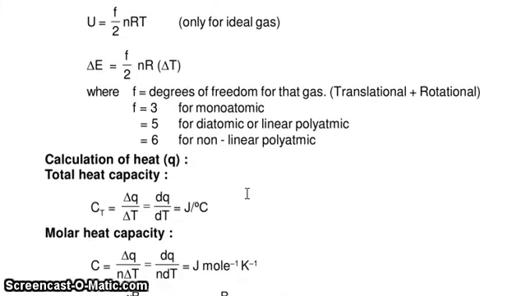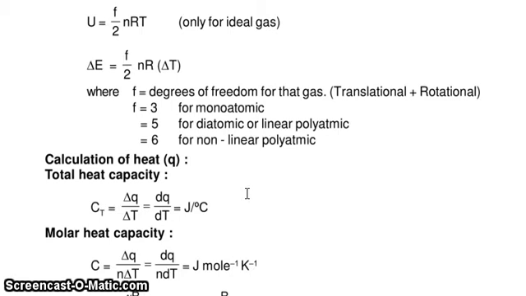Now friends, calculation of heat, that means Q, small q. Total heat capacity Ct is equal to delta Q by delta T, which is equal to dQ by dT for a small change, in joule per degree Celsius.